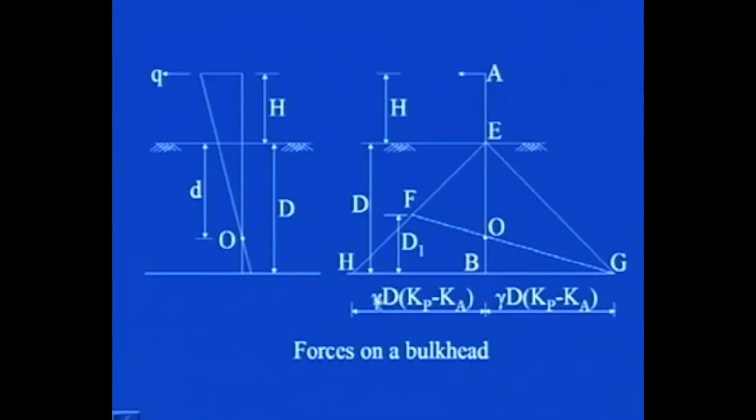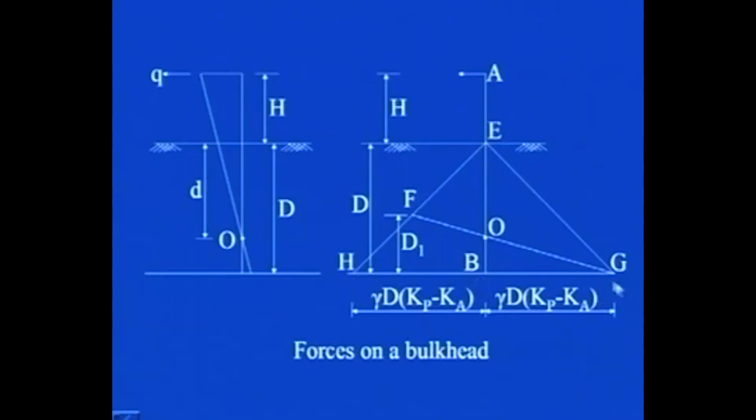In this case, BH and BG are approximately equal to gamma d Kp minus Ka, where d is the depth of embedment, h is the height where this Q is acting, and small d is the location of this point O where the rotation of the wall is taking place. So, all these are the pressure diagrams.